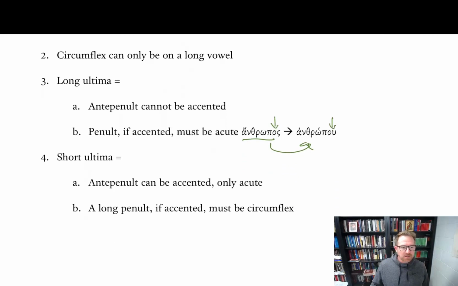whether or not you understand all the accents. The short ultima, so when the final vowel is short, the antepenult can be accented, but it can only be an acute accent. And a long penult, if accented, must be circumflex. So you have a short ultima, a long penult. If it's accented, it's going to have a circumflex.